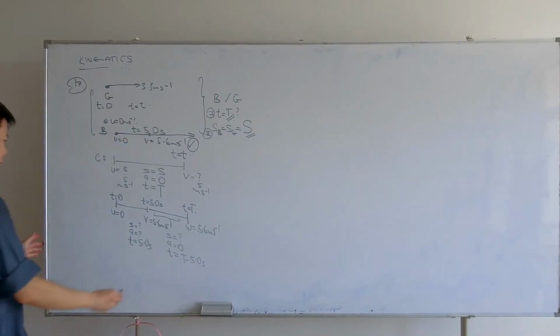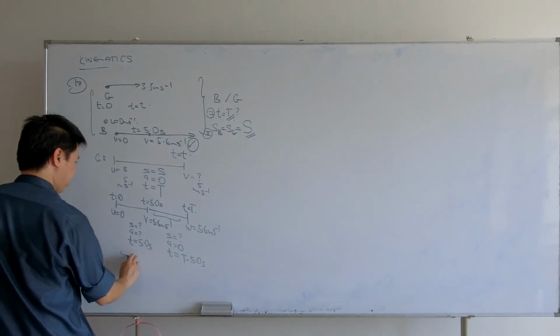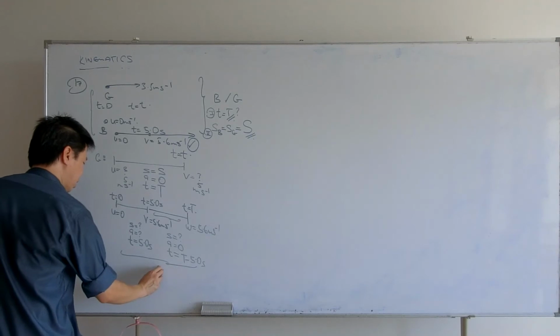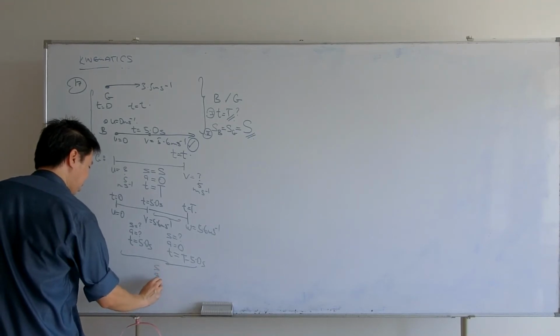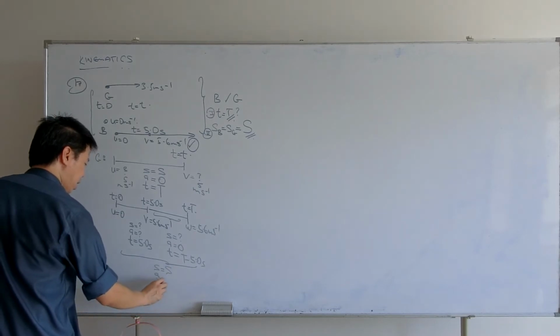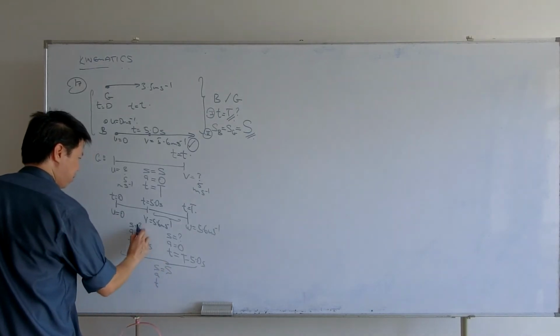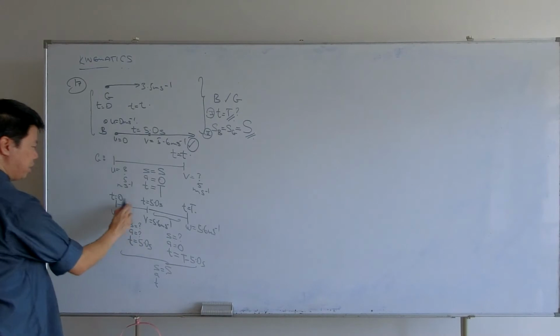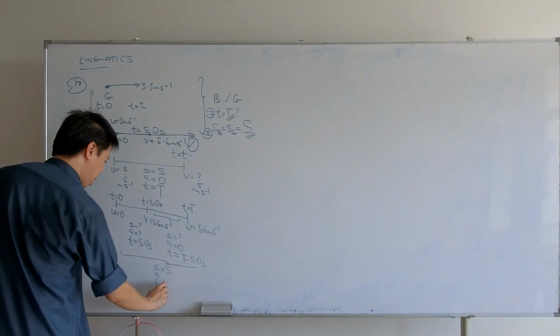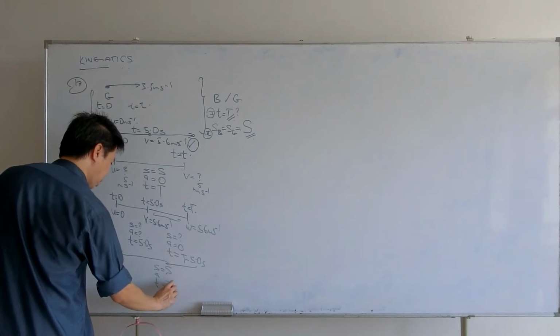So if we take the whole thing and have a SUVAT here, s will be equal to big S, and a will be problematic because there is acceleration here, there's no acceleration here, and time, however, will be big T.